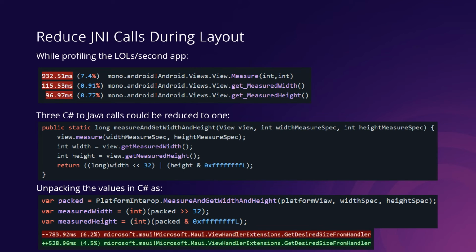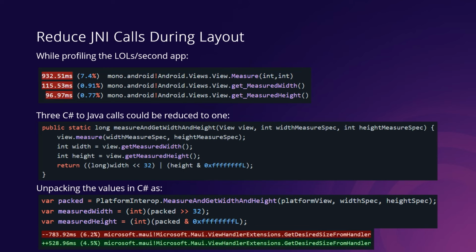Here's another change in MAUI related to layout. When profiling the LOLs a second app, you could see here there are several calls. There's a measure call, and then a get measured width and get measured height, right? And looking at the code, it was very straightforward. It's just measuring and getting 2 integers. But that crosses from C# to Java 3 times.